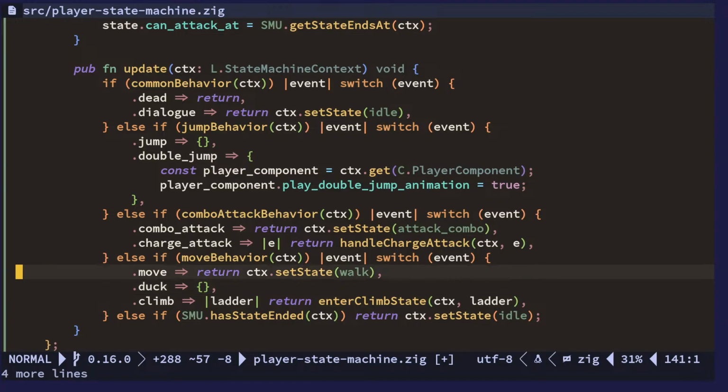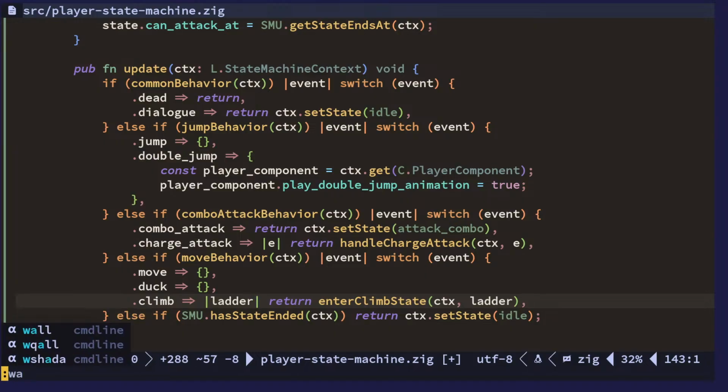Although we don't want to set the state to walk though. We just execute the thing. Climbing also we don't want to do. Or do we actually want to cancel the attack? Yeah, sure, why not?